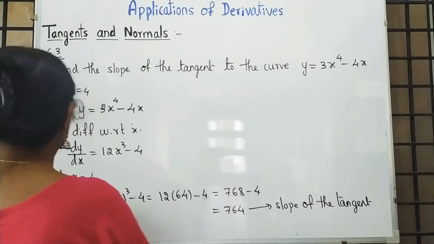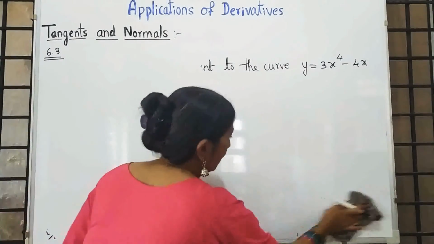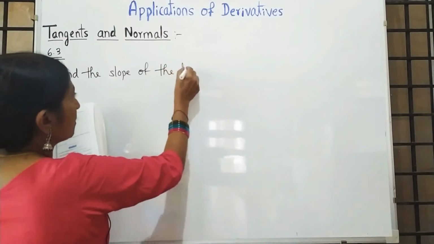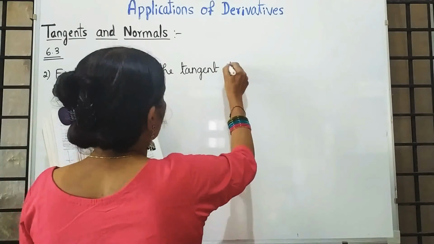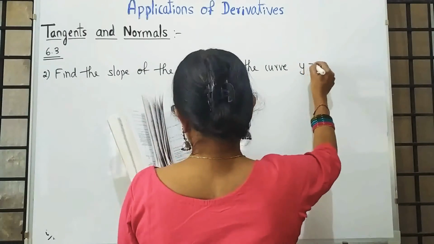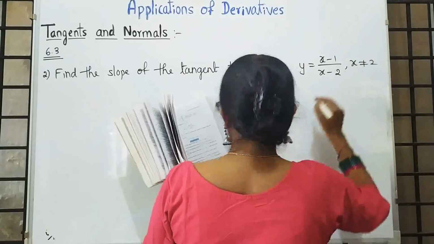Moving to the second question in the exercise 6.3 only. Find the slope of the tangent to the curve y is equal to x minus 1 upon x minus 2, where x is not equal to 2.